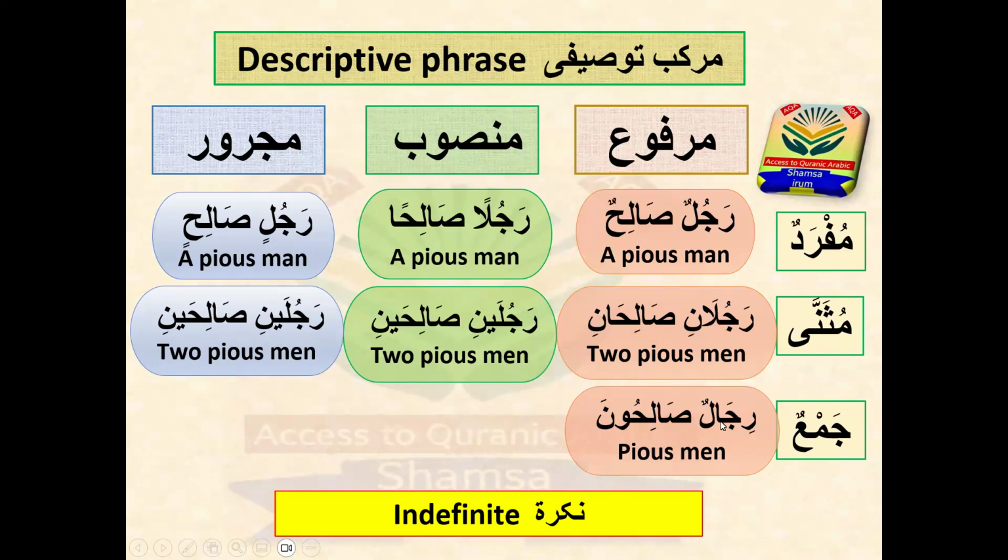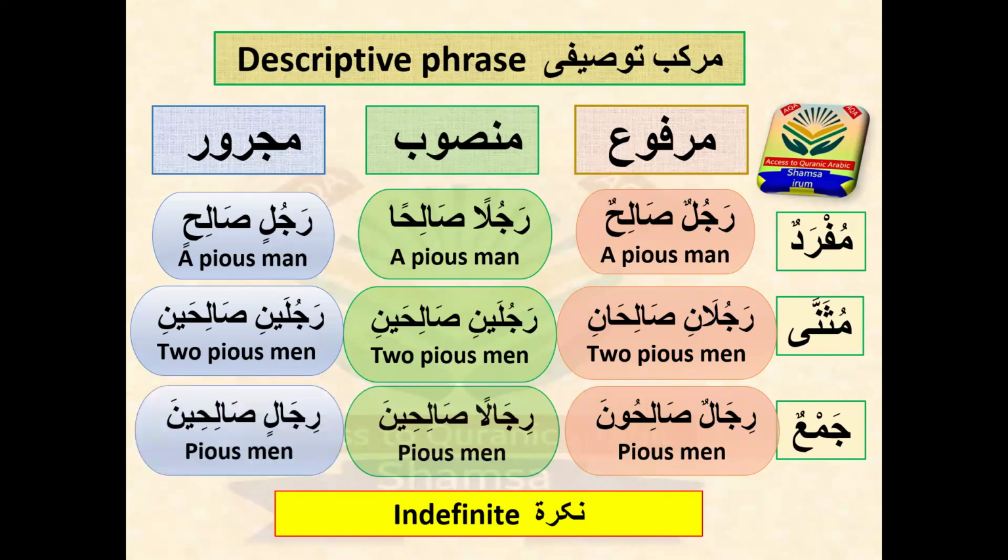It doesn't matter if one is the broken plural and one is the sound plural, but they both must be plural. So, pious men. Okay, now for the nasab state, rijalan salihina. And the next one, rijalin salihina.